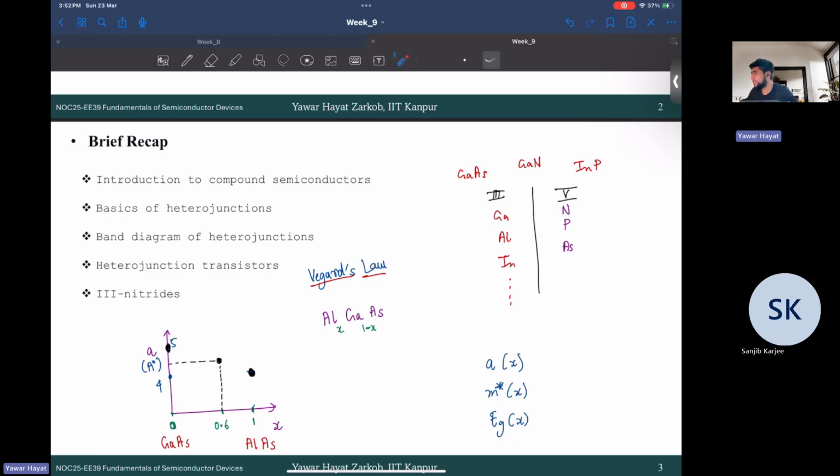And then heterostructures were discussed.